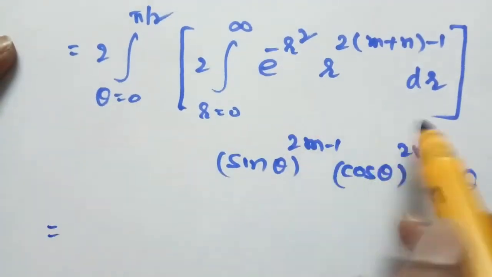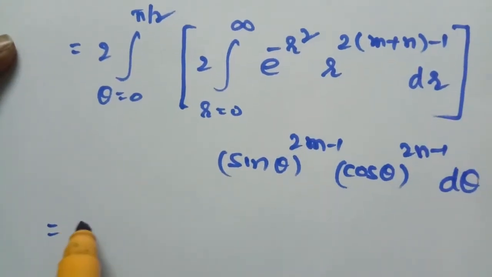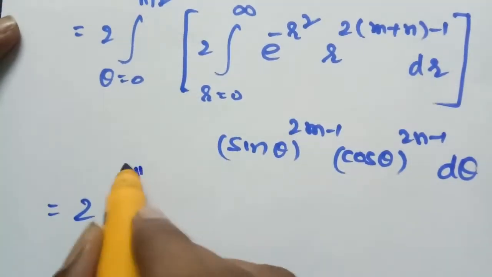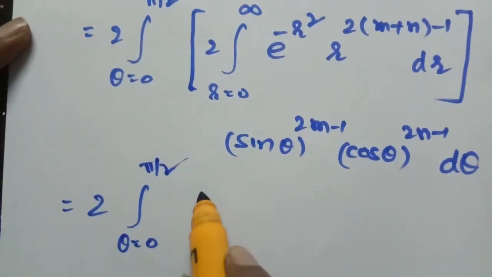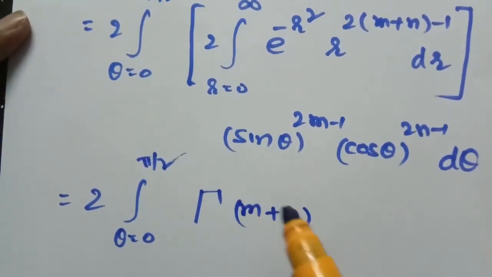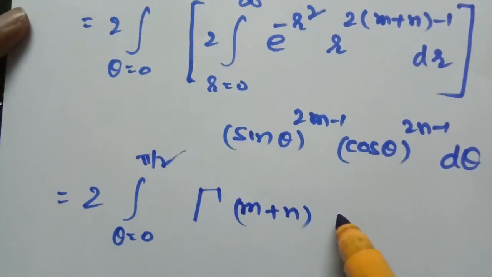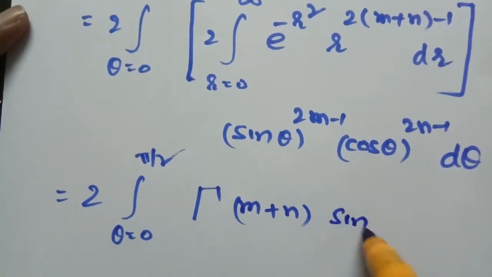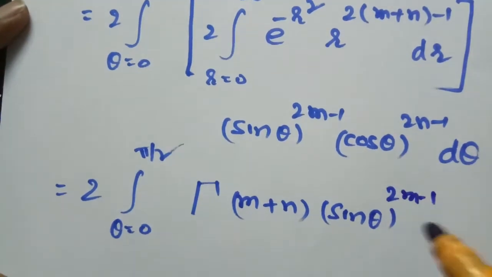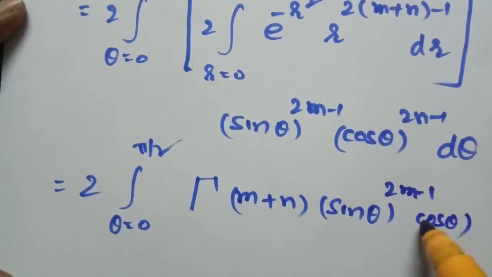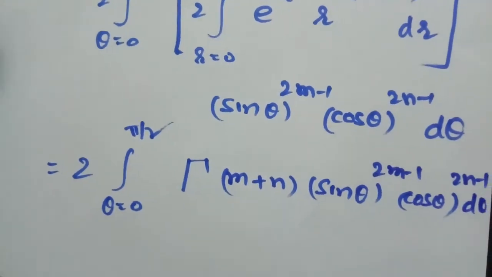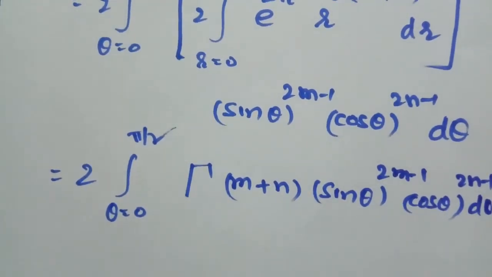So this value is equal to gamma of m plus n from equation 2, and sin theta whole to the power of 2m minus 1 into cos theta whole to the power of 2n minus 1 d theta from equation 2.